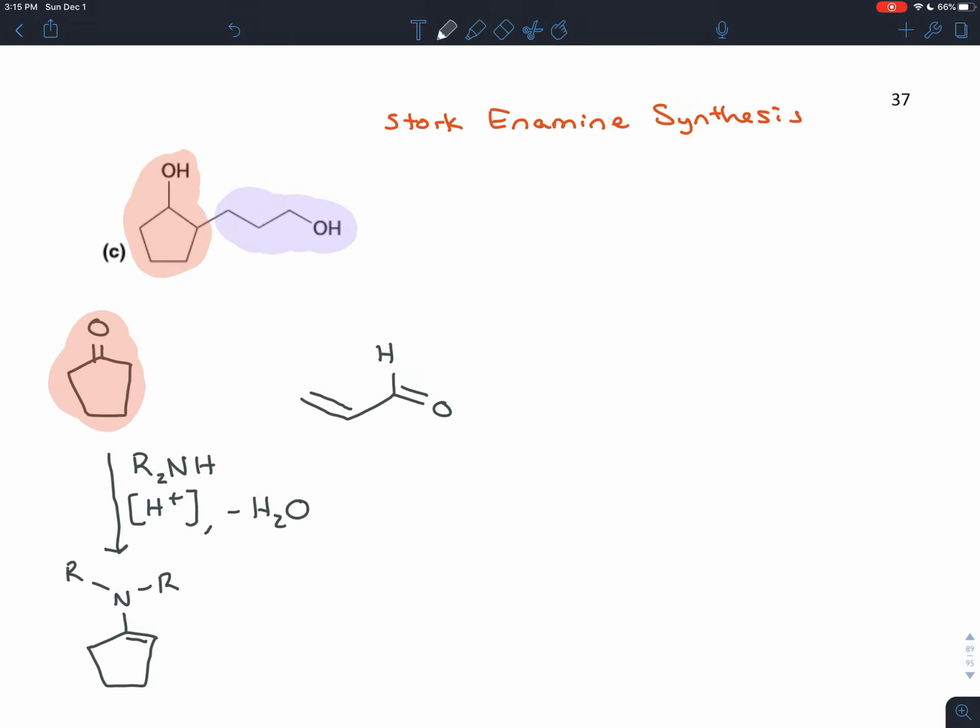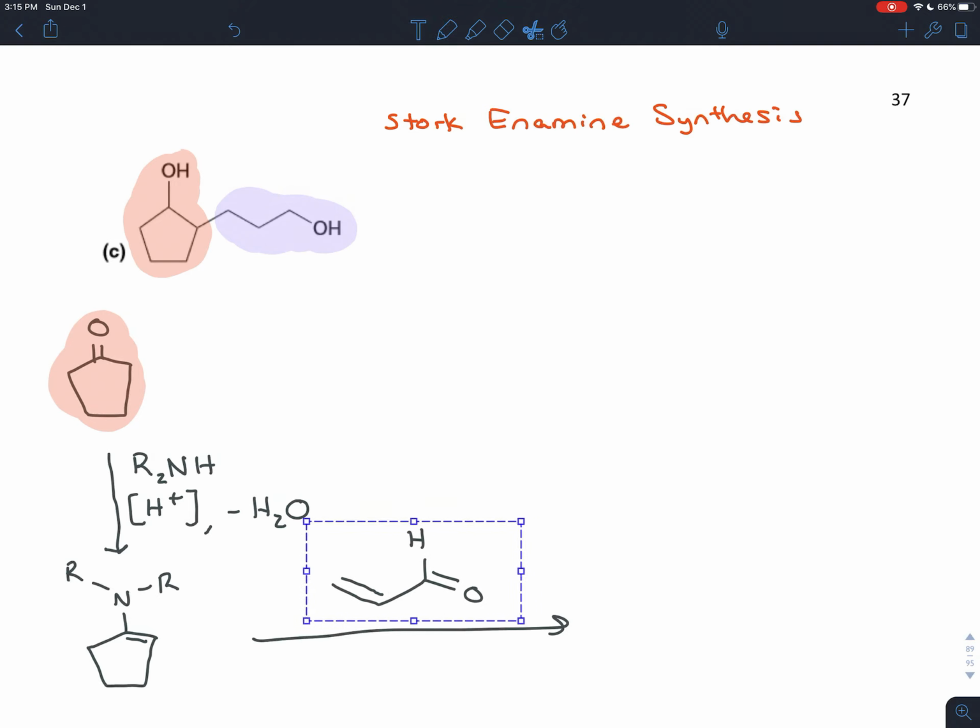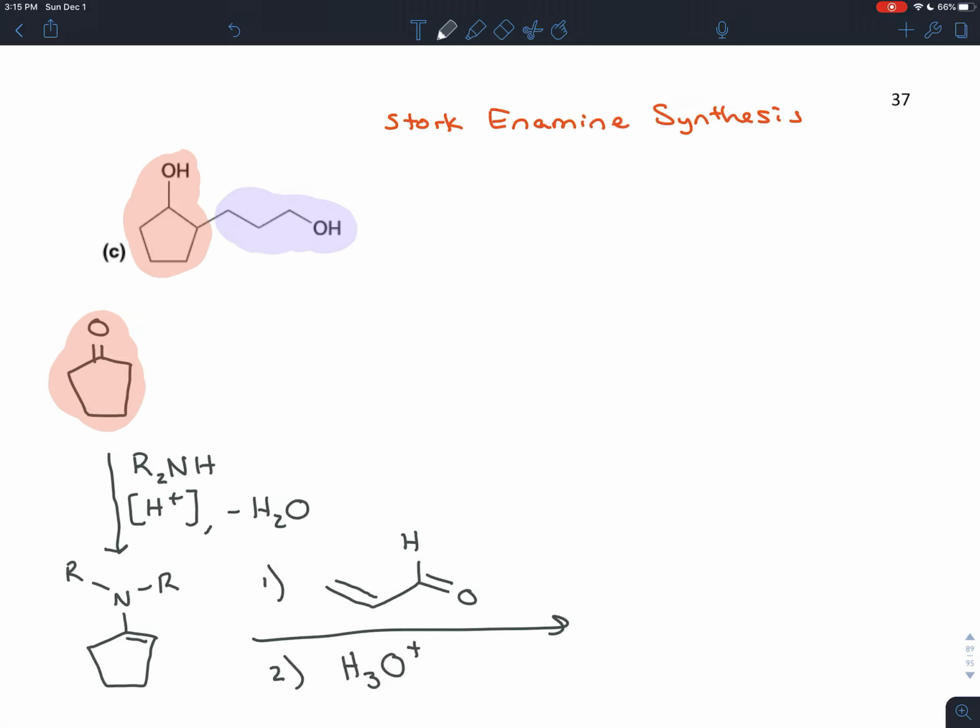So this is now a weak nucleophile, and we can react that with, first, our alpha-beta unsaturated aldehyde, and then we would use aqueous acid, hydronium, to take the enamine off, turn that back into a ketone, and promote the keto-enol tautomerism that we need to get the other ketone back.